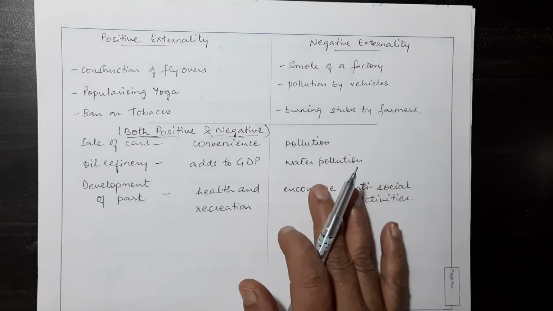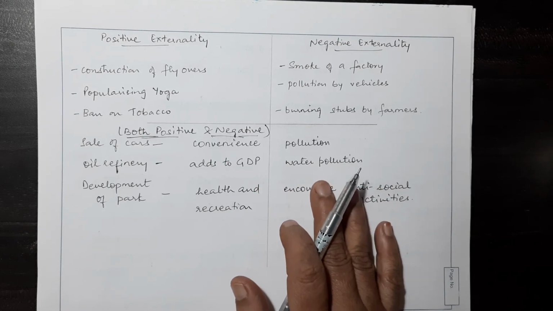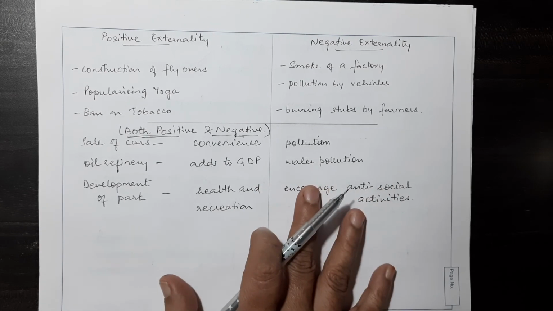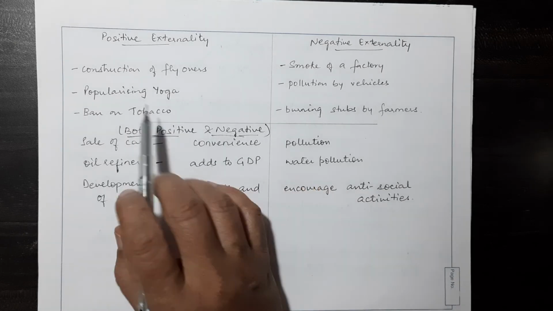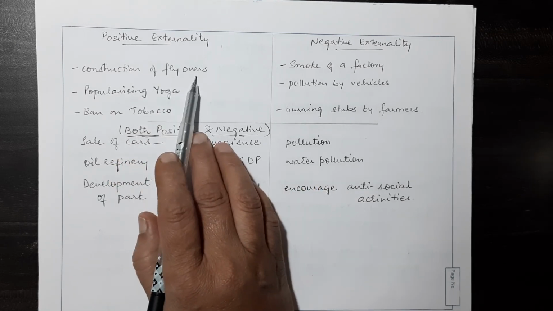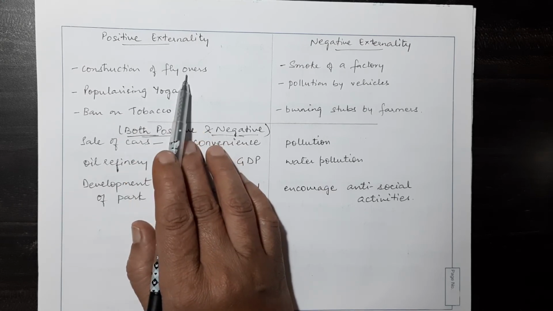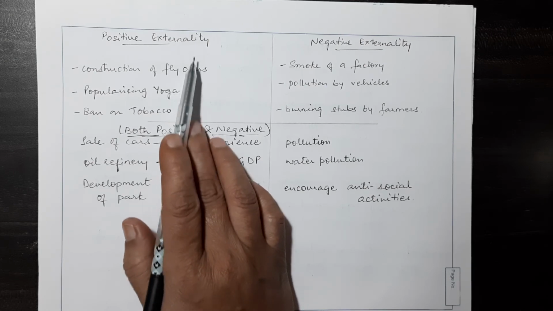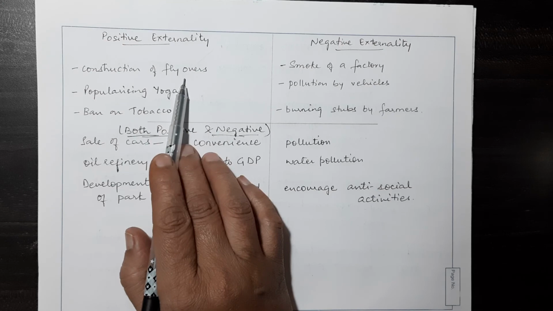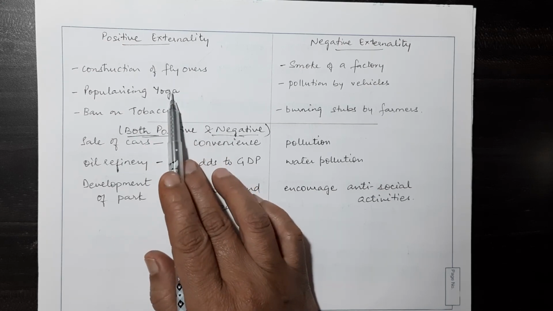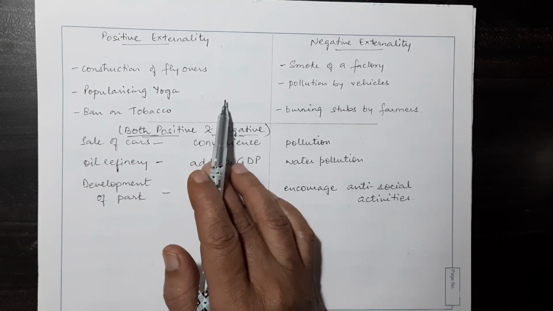So far in the previous question papers, these have been asked as questions. Construction of flyovers, is it a positive or a negative externality? It's a positive externality, because construction of flyovers reduces the time of travel. Then popularizing yoga improves the health of the people.